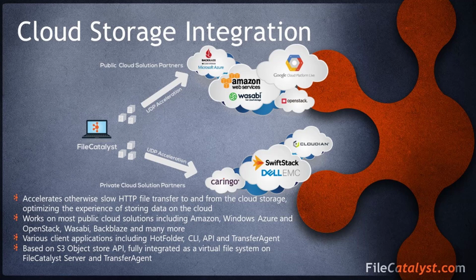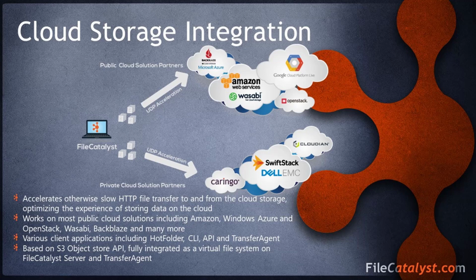So if you need to move data to cloud storage, this is where object store will be very useful. We also work with a number of private cloud solution providers like Caringo, Cloudian, SwiftStack, where you want to create your own private S3 object store and send data there for archival or processing. So FileCatalyst Direct Server can integrate with all these platforms.